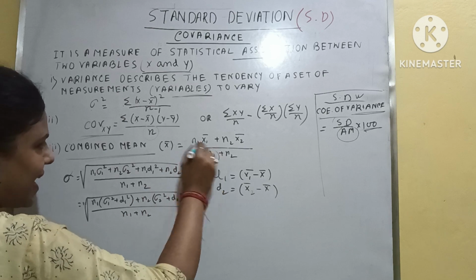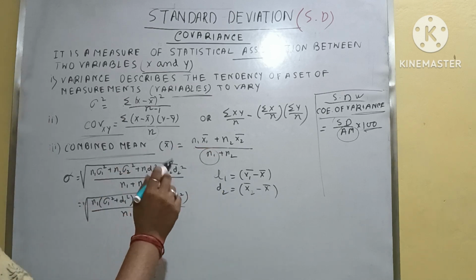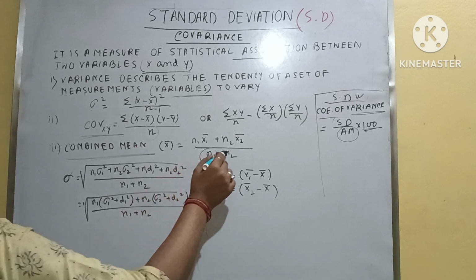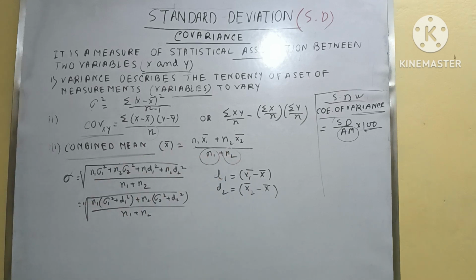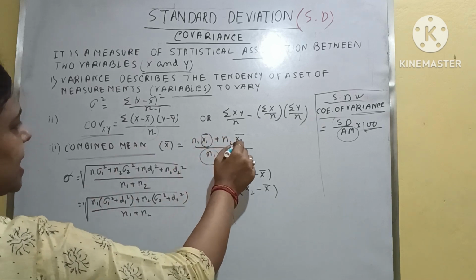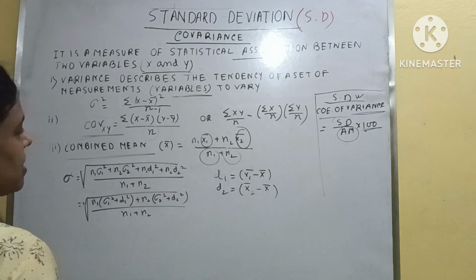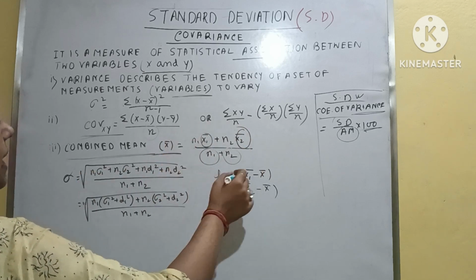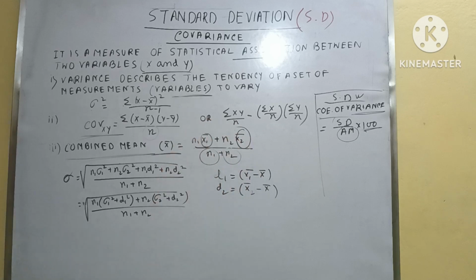Suppose n1 is the number of one variable's values and n2 is the number of the other variable's values. In such a case, the first variable's mean is x1 bar and the second variable's mean is x2 bar. So in that situation, x bar is calculated by this formula.